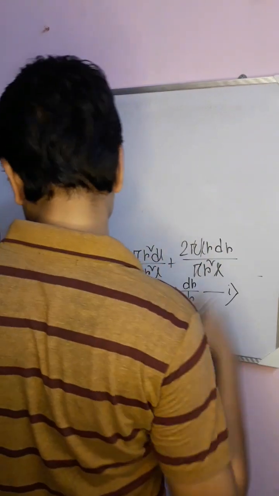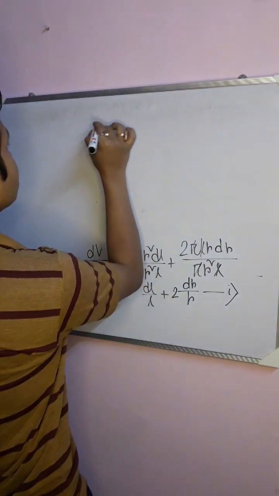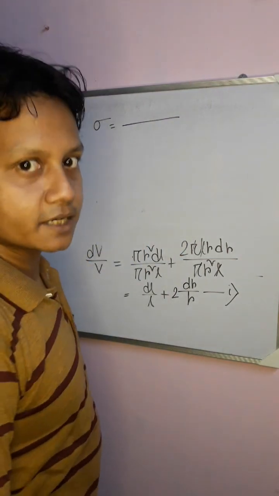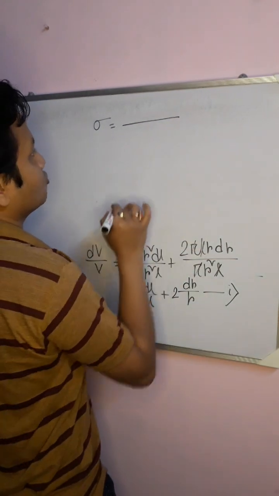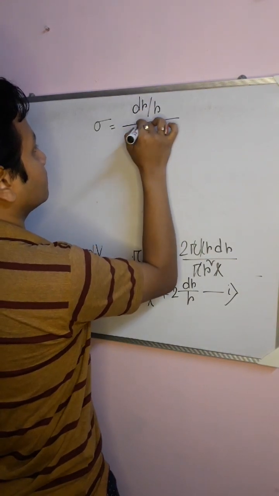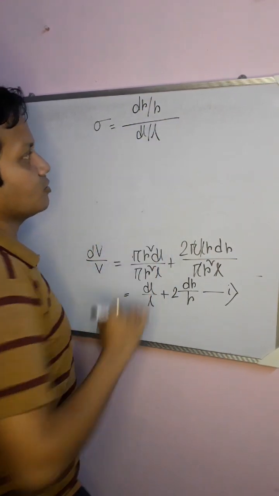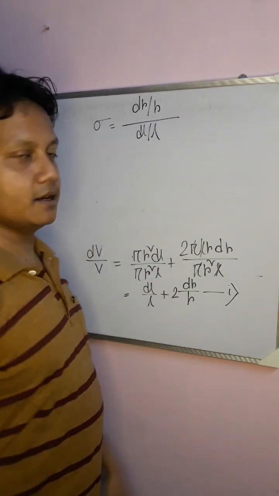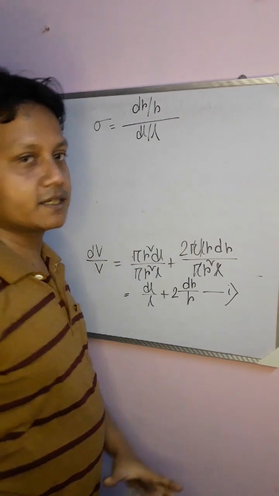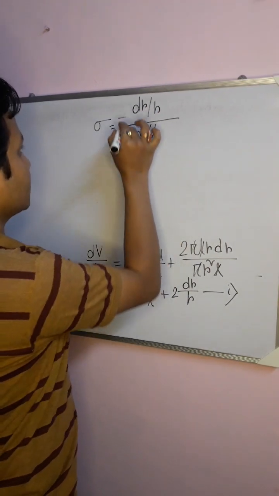Now, what is the definition of Poisson's ratio? We all know that Poisson's ratio means lateral strain by longitudinal strain. What is lateral strain? dr by r. And what is longitudinal strain? dl by L. If one increases, the other decreases, so we put a minus sign.